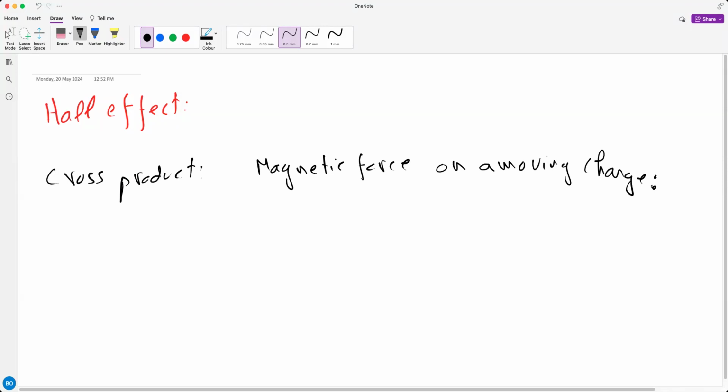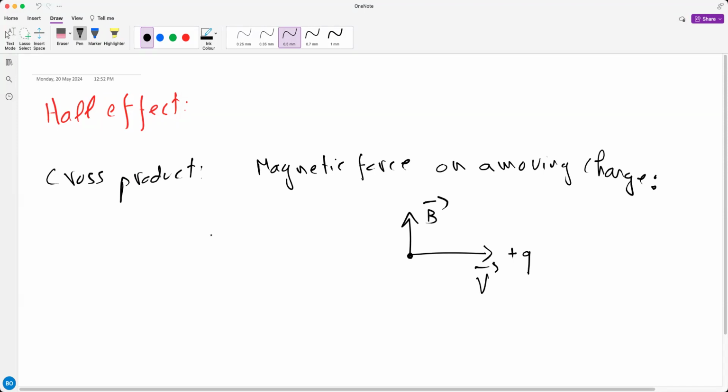Okay. Now I have a question for you. If I have, let's say, a positive charge plus Q moving this way with a velocity V, and I apply a magnetic field here, in which direction will the charge move?